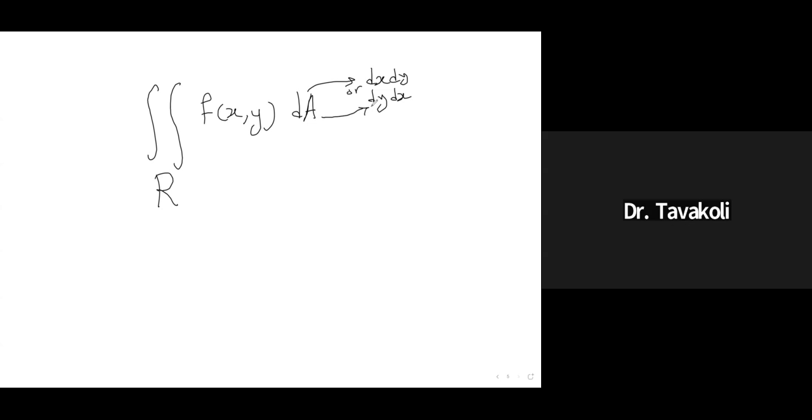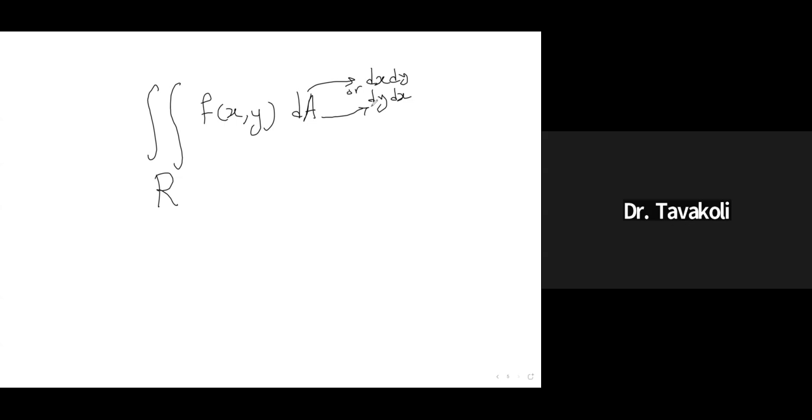In the regions that we have considered so far, they were either rectangular regions or sometimes general regions, meaning that, for instance, x was running from a number to a number and y was between two functions of x, as we did in the previous lesson.